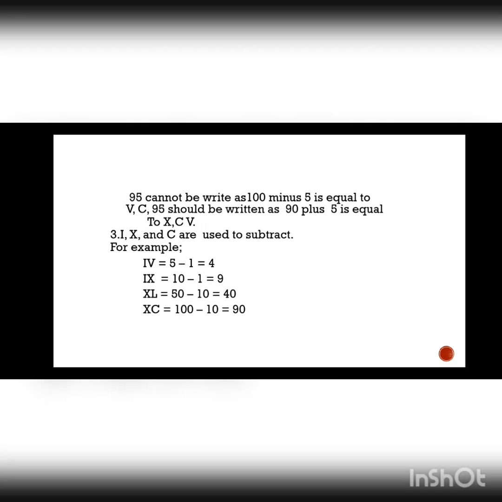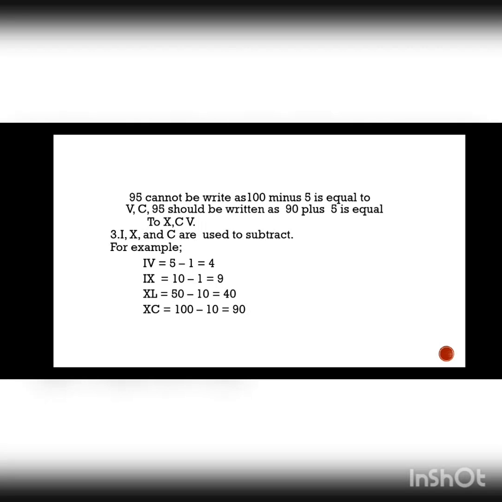And third, I, X and C are just used to subtract.